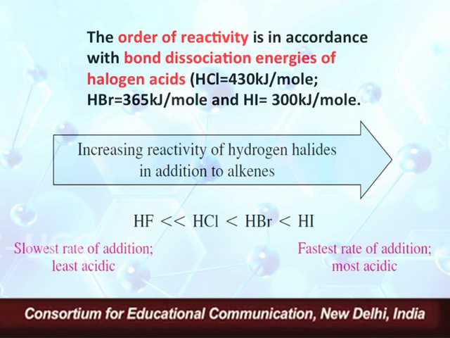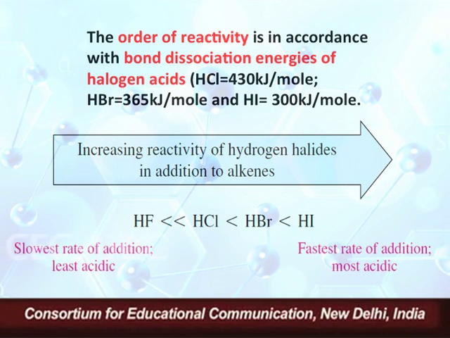That is, the bond dissociation energy of HI is lowest, which is 300 kilojoules per mole, followed by HBr, which is 365 kilojoules per mole, and HCl, which is 430 kilojoules per mole. That means that HI can donate its proton very easily.